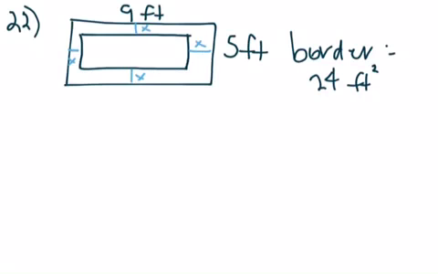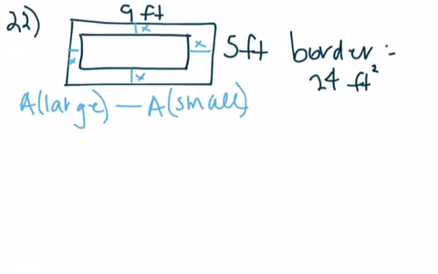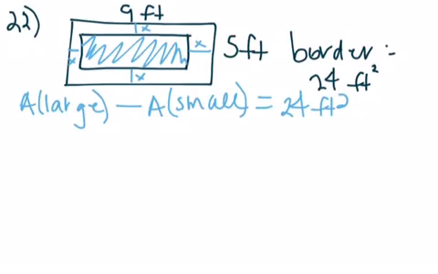So when we look at the area of the whole thing, because squared indicates area, the area of the large square minus the area of the small square, this is very similar to the one we just did, is going to equal 24 square feet because that's going to be the border part. If you take the big square, subtract out this part, then all that's left is the border.